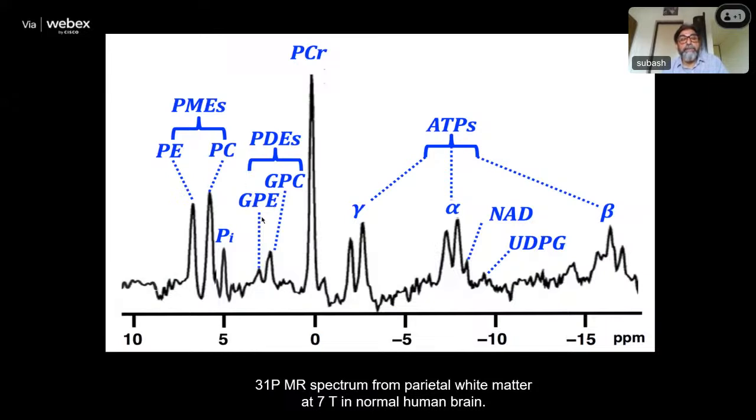In the phosphodiesters, GPE and GPC are well resolved, and one can calculate the area under these peaks and find out the concentration of these metabolites. Similar is the inorganic phosphate, which is also very well visualized here. So this also shows that if you have a stronger magnet, your signal to noise ratio is going to be better, your visualization of metabolites is going to be better, and you can quantify your metabolites with more accuracy.